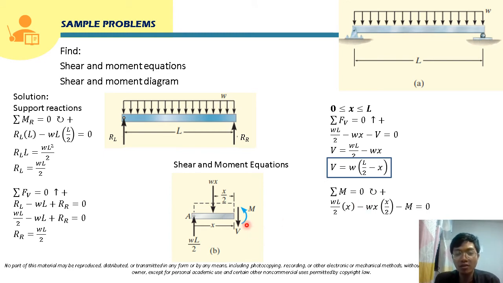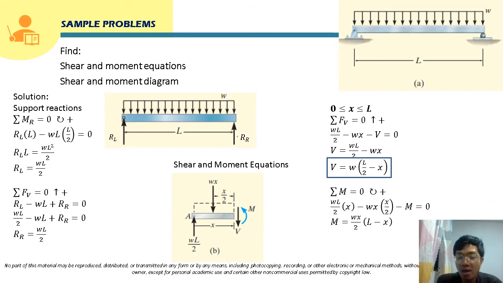And class, for the internal moment here, we assume it as directed this way. This is actually counterclockwise, right? So it will be negative here in our summation, equal to 0. So solving for M, class, we just transpose this negative M to the other side.